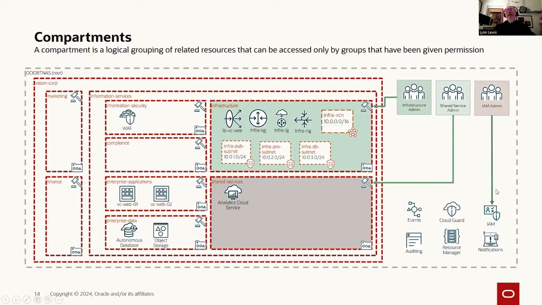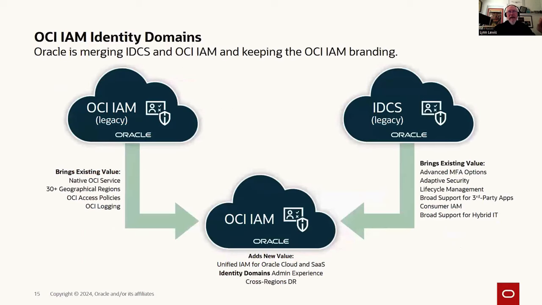And different groups through policies have access to different resources in a particular compartment. So you're going to see this is the key to how we do security, is understanding that no user has access to anything. They have to be a member of a group, and that group has access to resources in a location. So let's take another step and look at identity and access management.